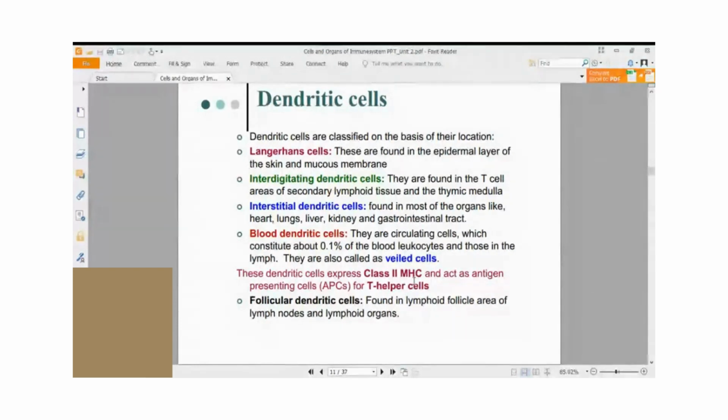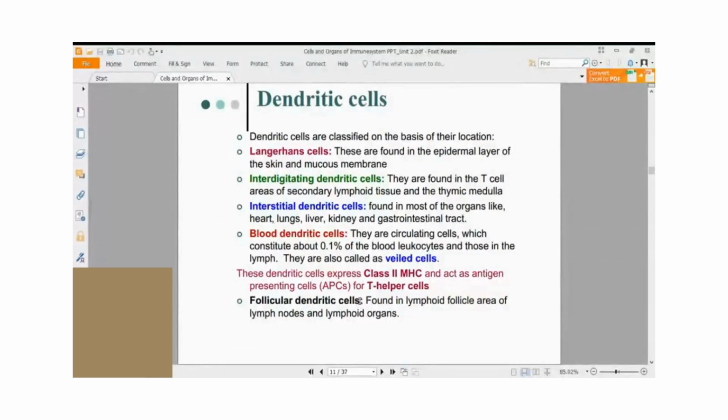Then comes another very special category of dendritic cells, which are called follicular dendritic cells. And these are highly restricted. They are not seen in other tissues. They are not seen in liver, lung, and all these areas, neither in the skin. They are seen only in the lymphoid follicular areas in the lymphoid organs.